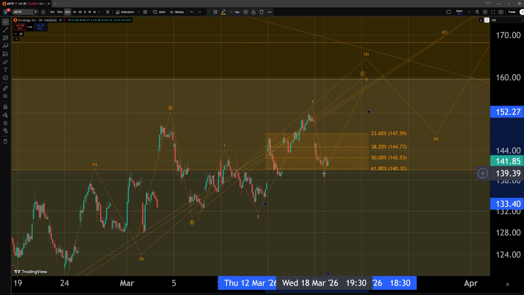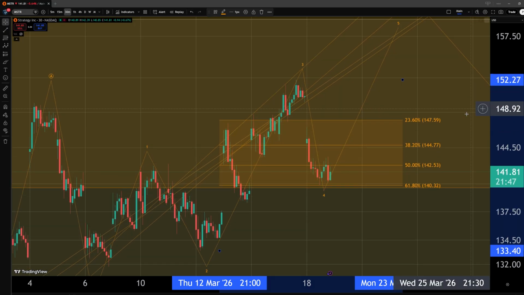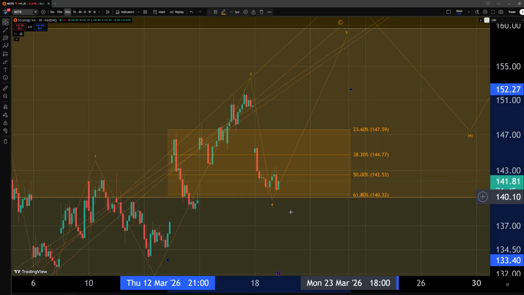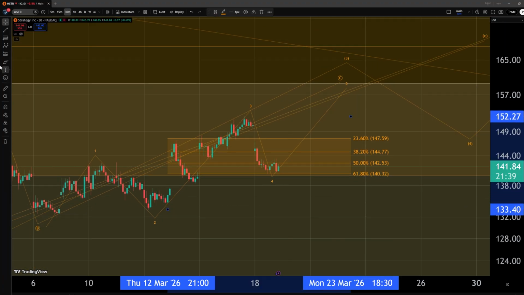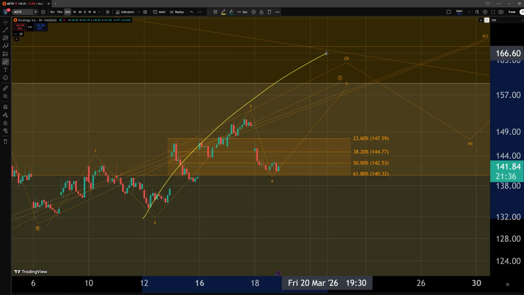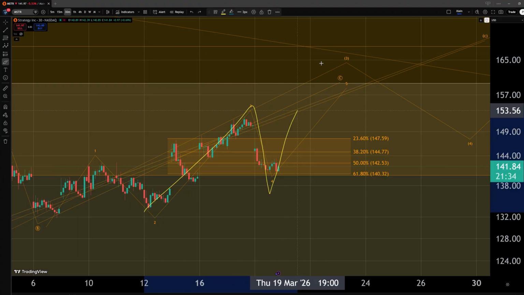$140.3, where we can notice quite clearly that we have actually already touched this last level of support, and unless we form a reversal from the current prices, we could still be looking for this idea of a wave 3 extension in an A, B, C pattern, which would allow a deeper retracement.